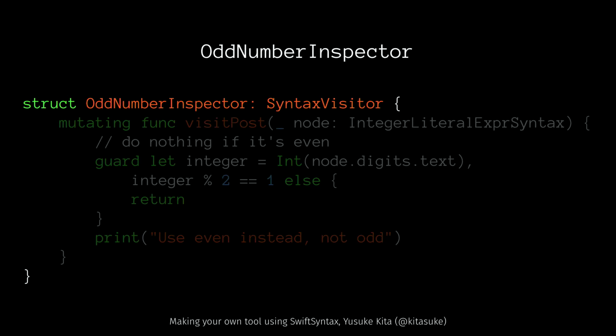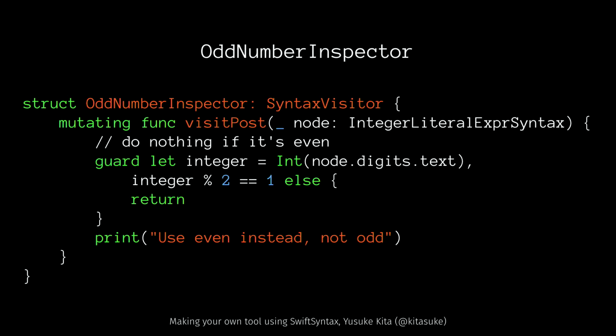For this case, syntax visitor works for this tool. The visitPost function allows us to visit integer literal expression syntax, because we just want to take care of integers. So that's why we use the visitPost function for integer literal expression syntax only. Then you get the integer literal expression syntax node here.